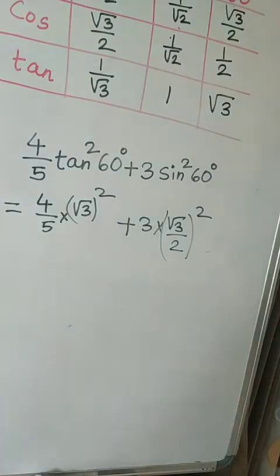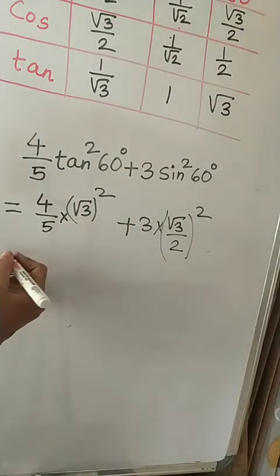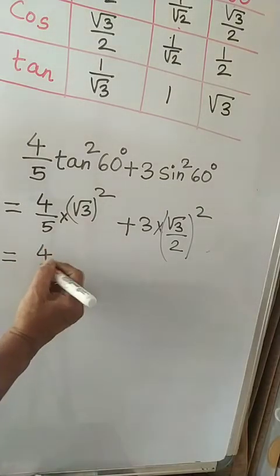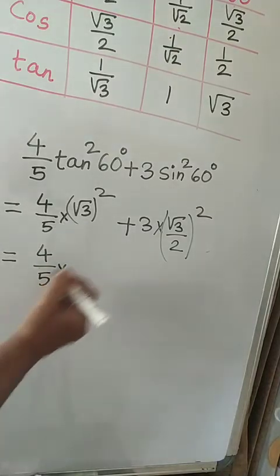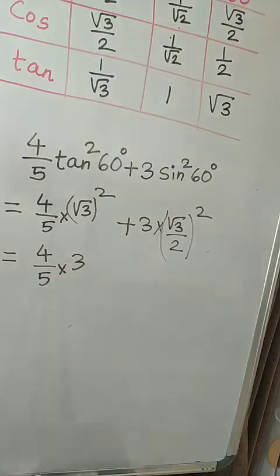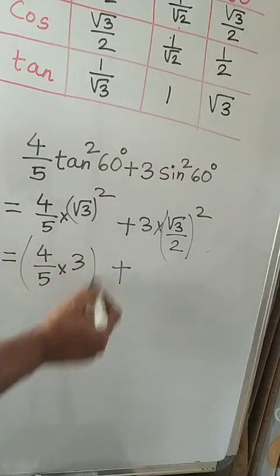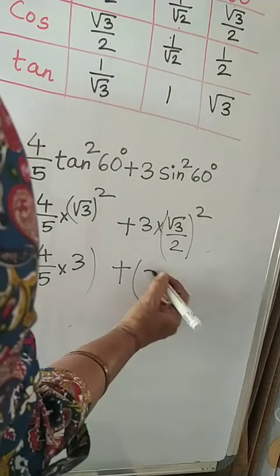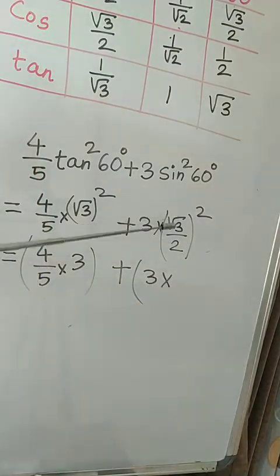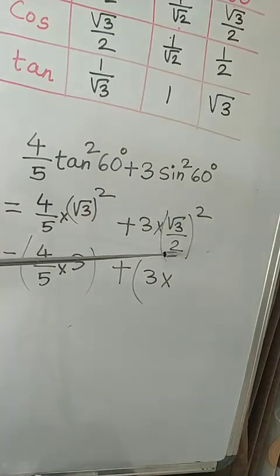Now all we have to do is find squares in each of these terms. 4 upon 5, square of root 3 will be only 3, plus, here you can use one bracket, 3 multiplied by root 3 square upon 2 square.